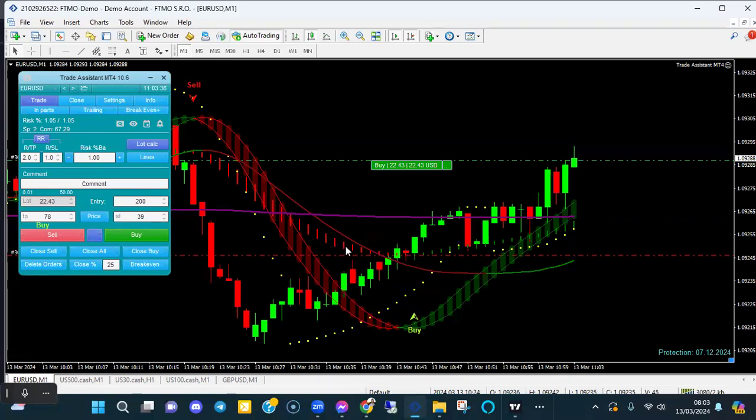The wave was red, red, red, then it started to turn green, and right there, because that is the closest point to my entry, is where the stop loss was.